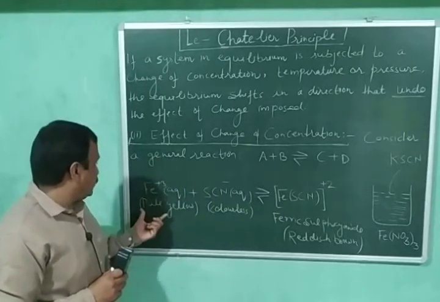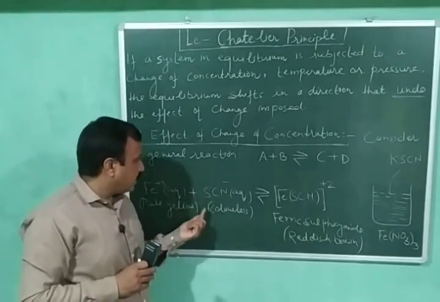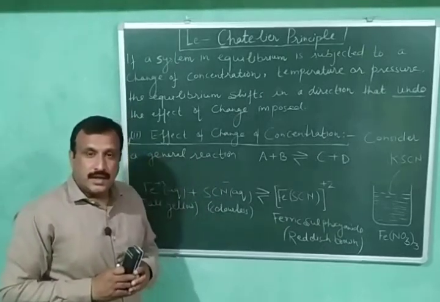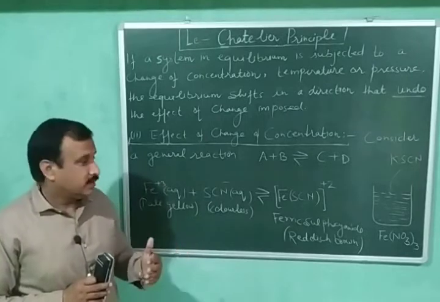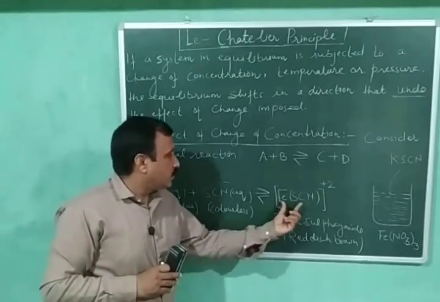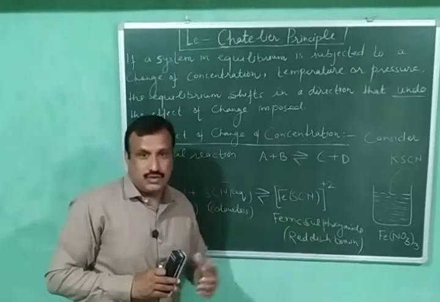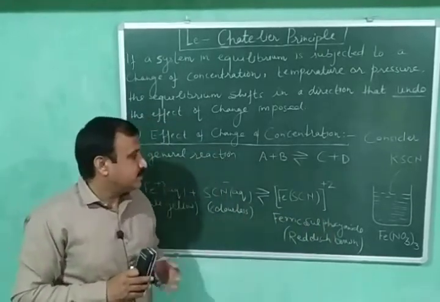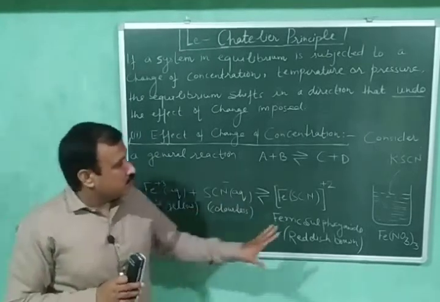These ferric ions are pale yellow in color, whereas the thiocyanate ions are colorless. When these two ions react, they form a complex, ferric sulfocyanide, which is reddish brown in color, and this is the reaction taking place here.